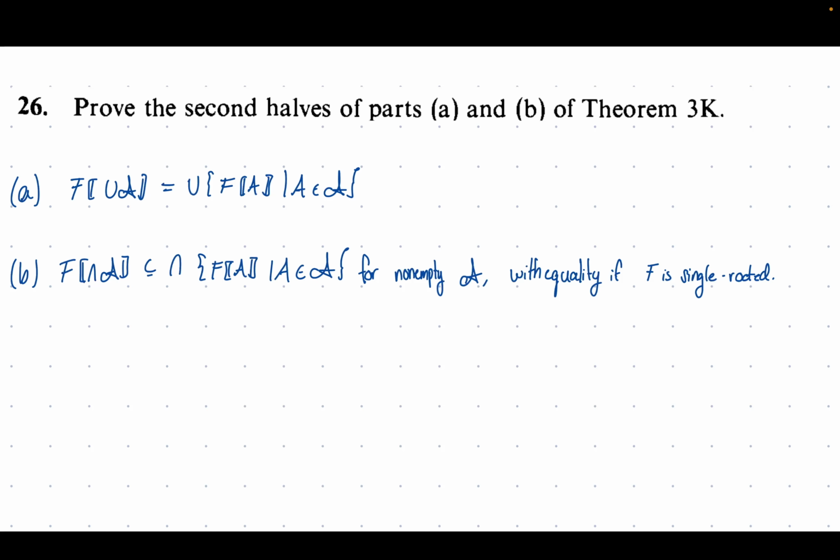Part A: the image of f under the union of script A is equal to the union of the images of f under A, for A in script A. And part B: the image of f under the intersection of script A is a subset of the intersection of the images of f under A such that A is in script A, for non-empty script A, with equality if f is single rooted.